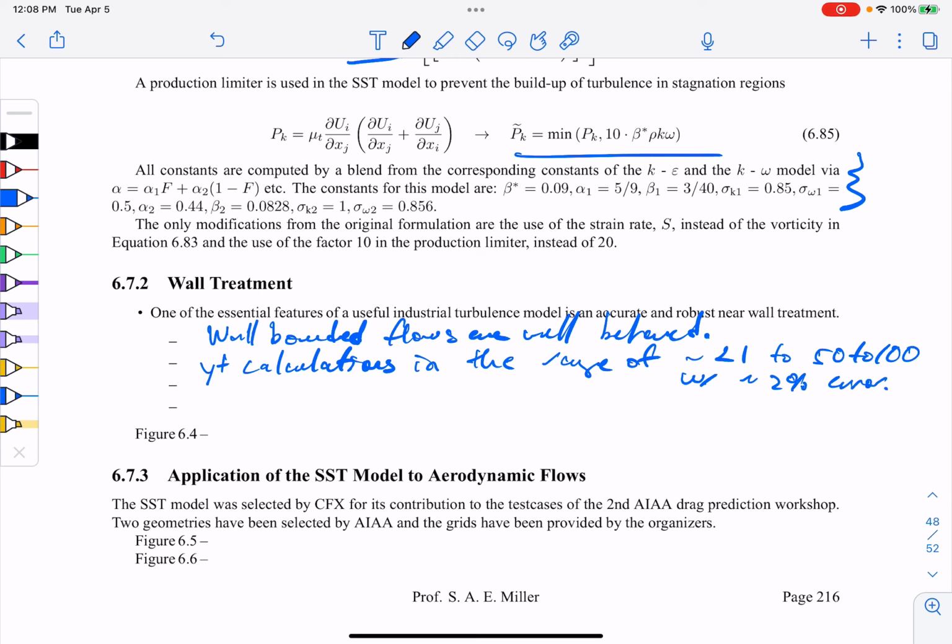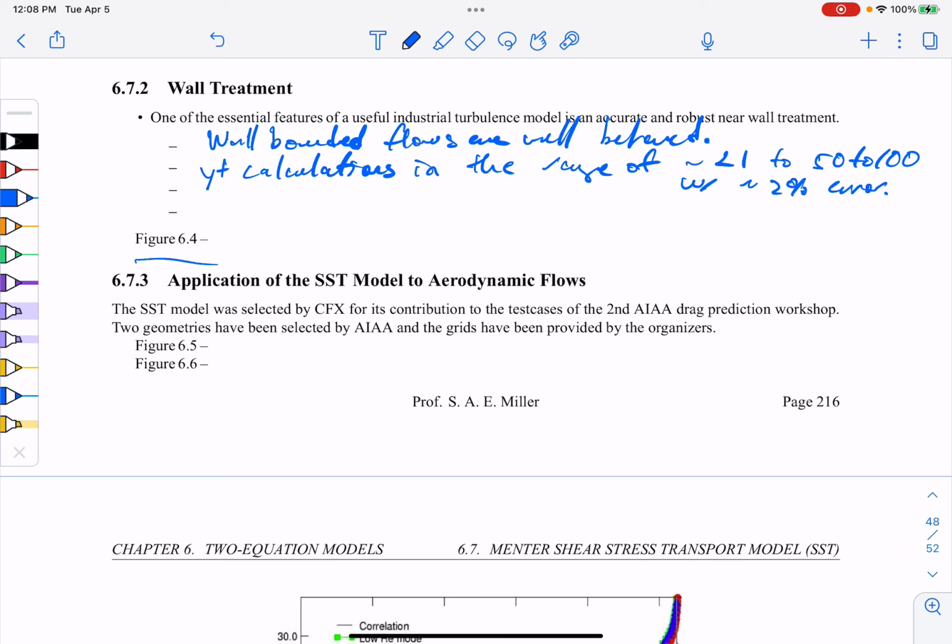And this is one particular figure from the Wilcox book, in 6.4, of a simple flow. And in this flow, they had about y plus of 0.2, 9, and 100. And they calculated, so that's grid point spacing, right, near the wall.